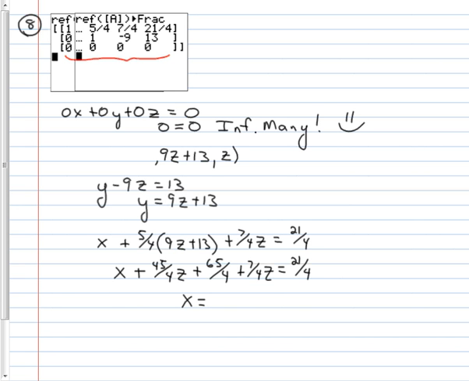So what's 52/4? 13. That's 13z. So if I subtract 13z to bring it to the other side, then what do I have? 65/4, which I need to subtract. So 21 minus 65, negative 44. Negative 44/4, which is? Negative 13z minus 11.